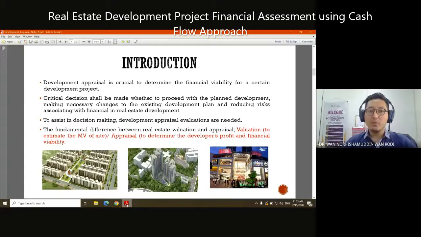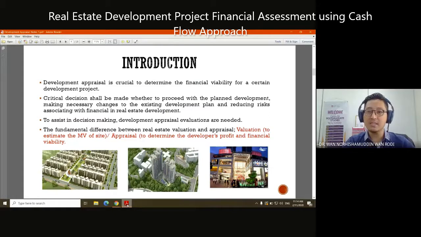Okay, the second one would be that development appraisal helps in making a critical decision. A critical decision in this context is whether to proceed with the planned development, or whether you need to make any changes to the existing development plan that can hinder the viability or the performance of a certain development project. And the third one would be that we are conducting financial viability to reduce the risk.